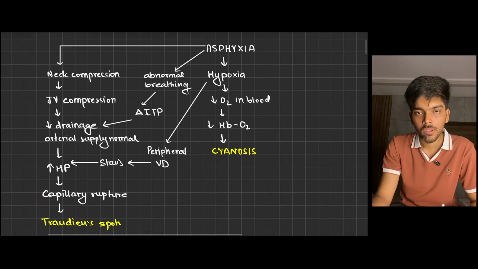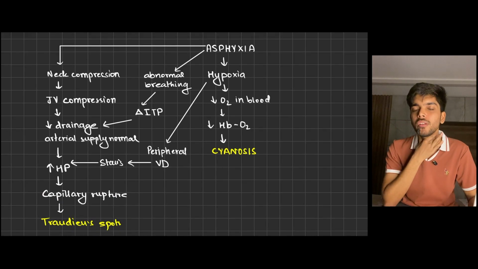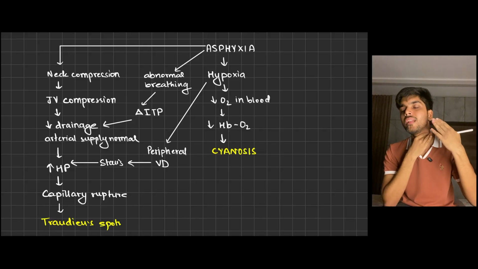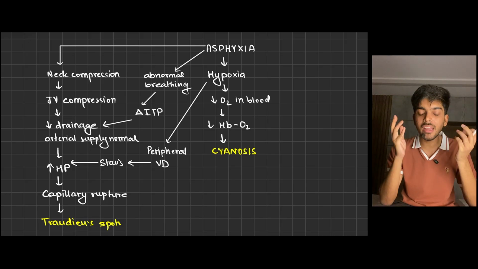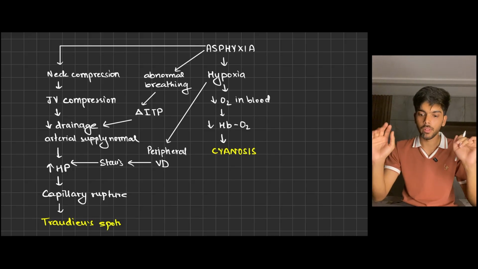Okay, fine. First there was neck compression. Due to neck compression, the drainage was inhibited, but the arterial supply is still there, leading to increased hydrostatic pressure inside the capillary, and then the capillary bursts. Simple.